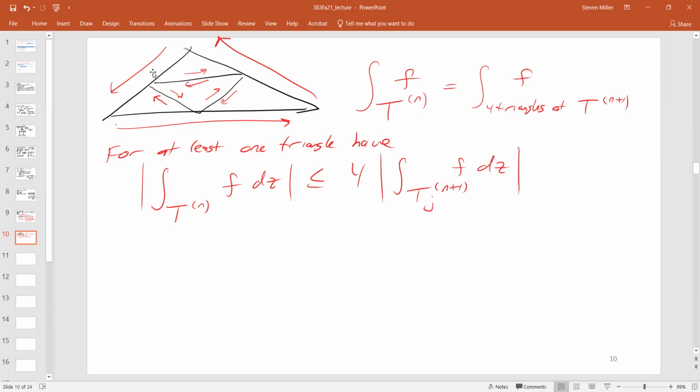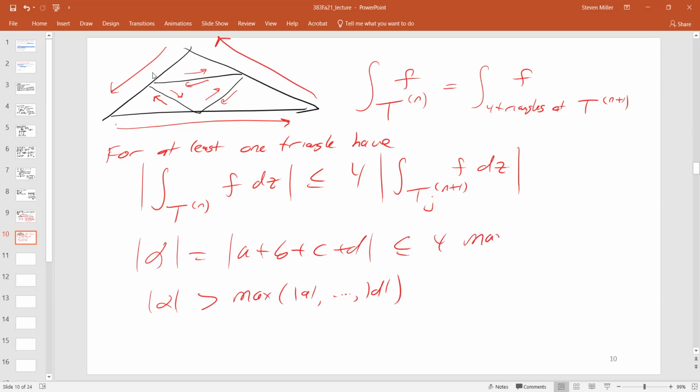And so if it was greater than 4 times that, then if there was no cancellation, for instance, alpha equals a plus b plus c plus d, if alpha is greater than 4 times the max of the absolute value of a through d, we're in trouble. Because this side here is less than or equal to 4 times the max of the absolute value of a through d. You just assume that there's absolutely no cancellation.